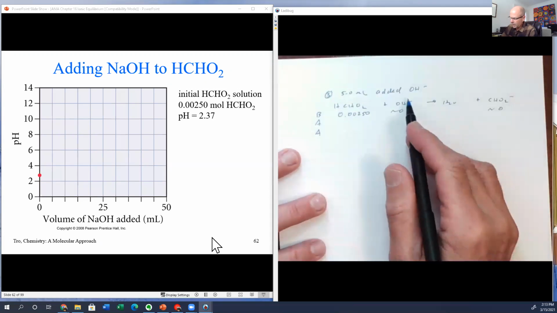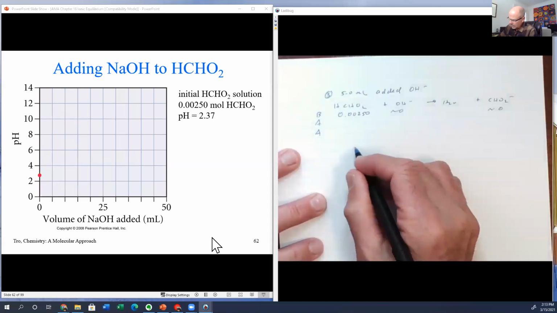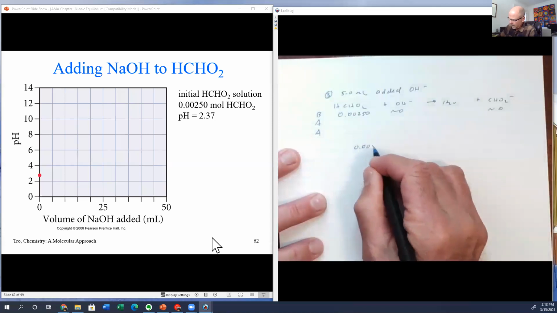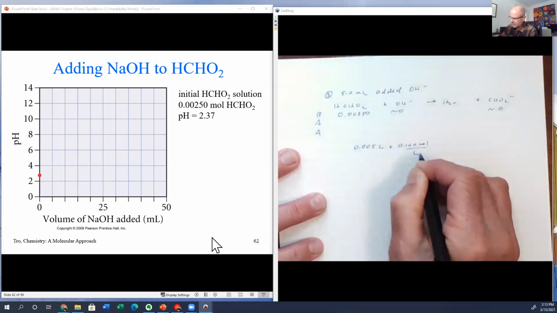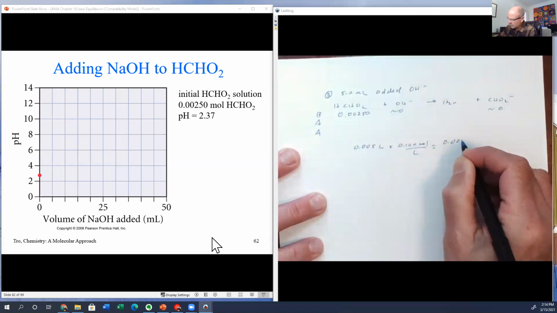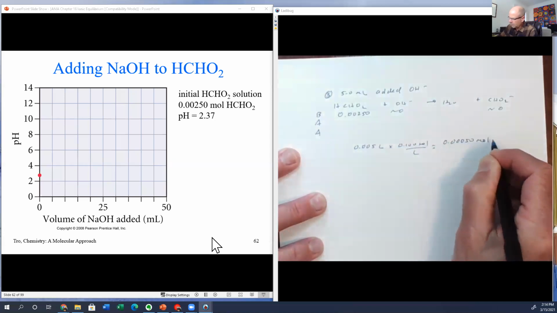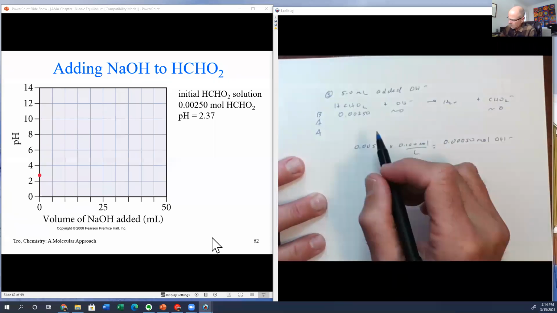So we have to figure out how much OH minus I've added at that point. I have 0.005 liters times 0.100 moles per liter, because that's the concentration of the base. That's 0.00050 moles of OH minus at 5 milliliters.